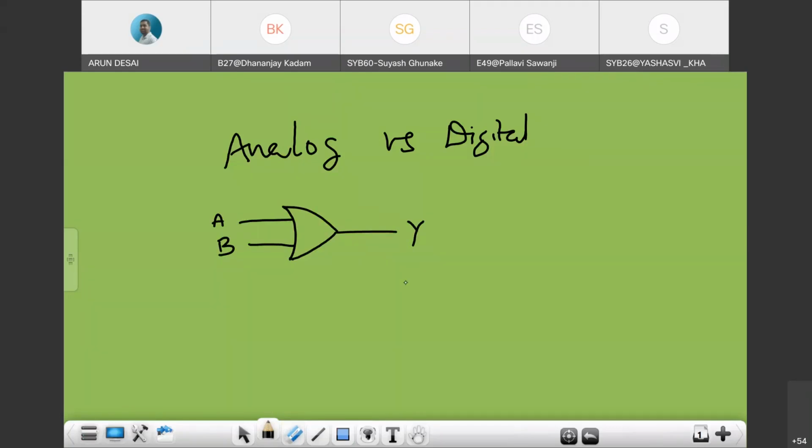If any input is high, the output is high for the OR gate. That means if any of the inputs is true, then the output is true.